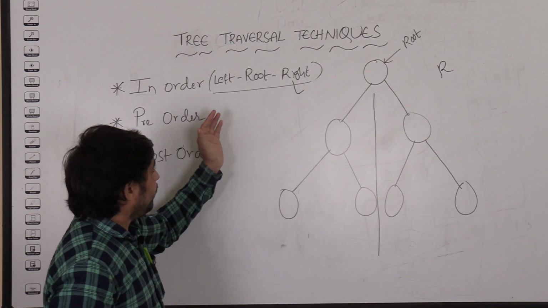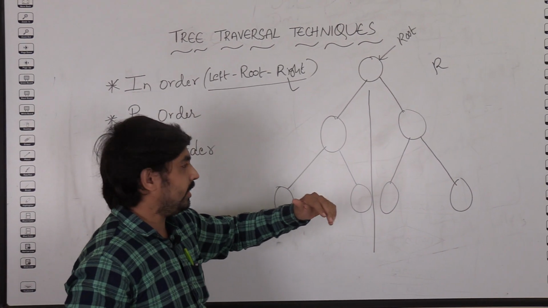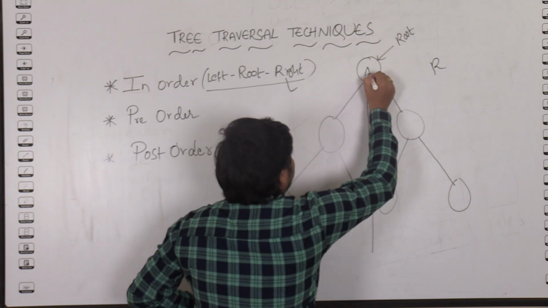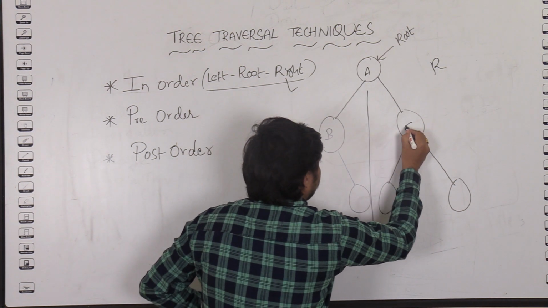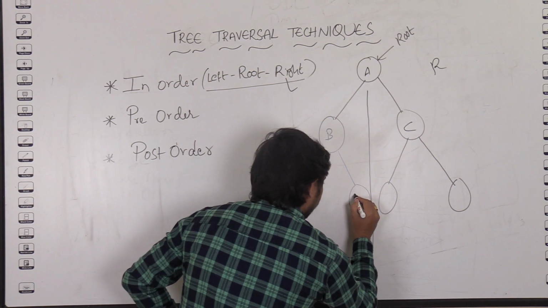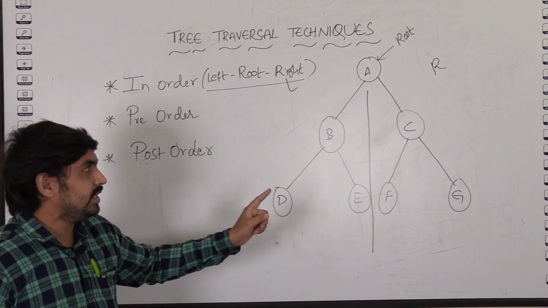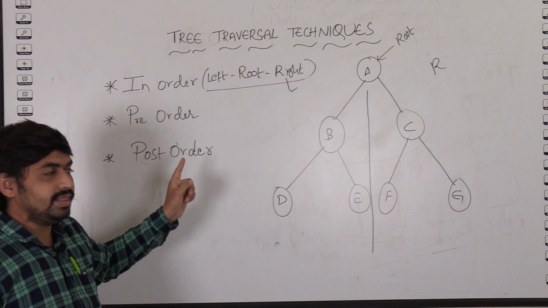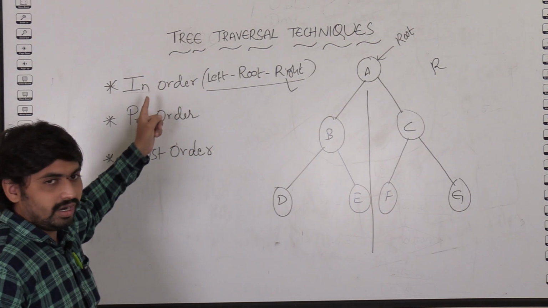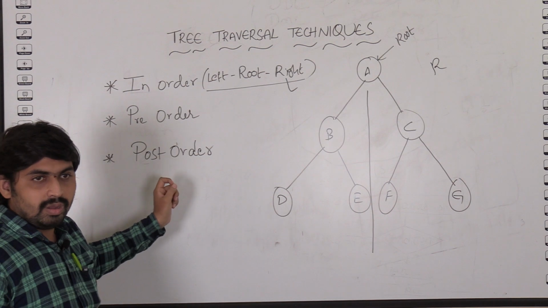In this concept, in-order is how we first represent the data. The data will be represented in tree traversal techniques: in-order, pre-order and post-order.